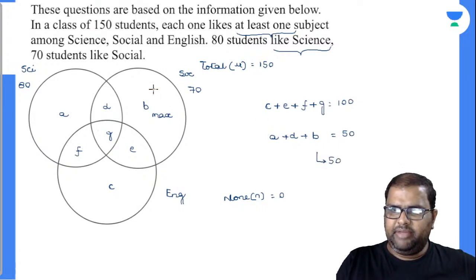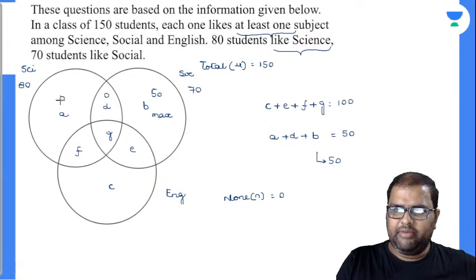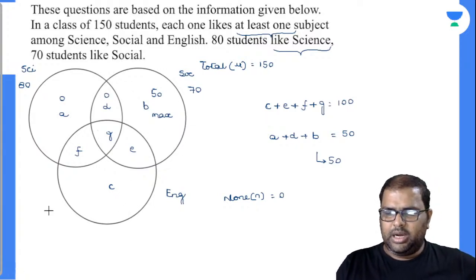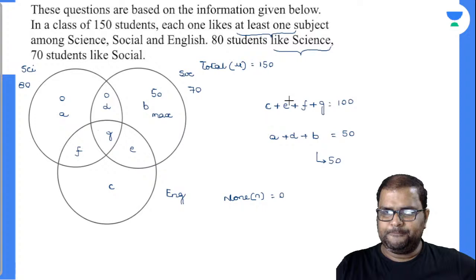So I can give B 50, meaning my D value will be 0 and my A value will be 0. If this happened, what about the remaining things? My E plus G value has to be 20.